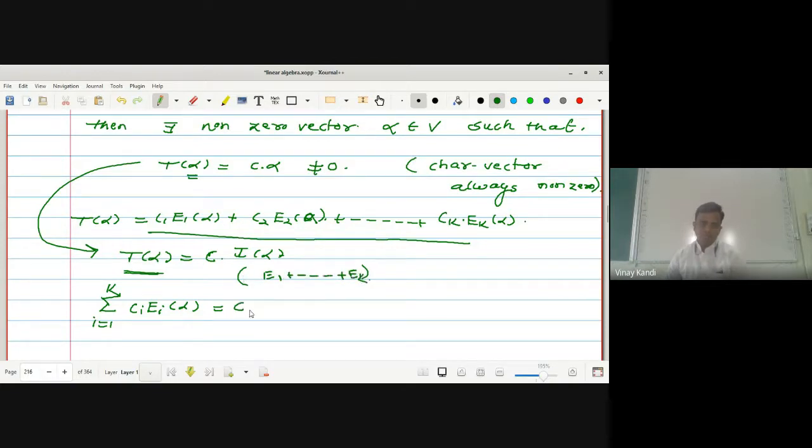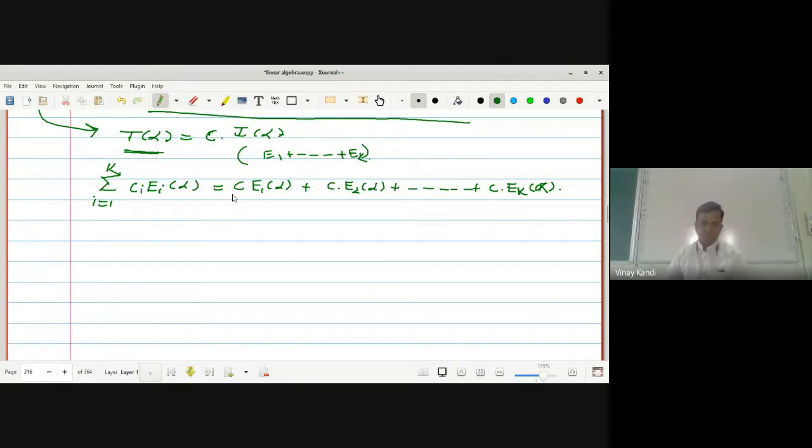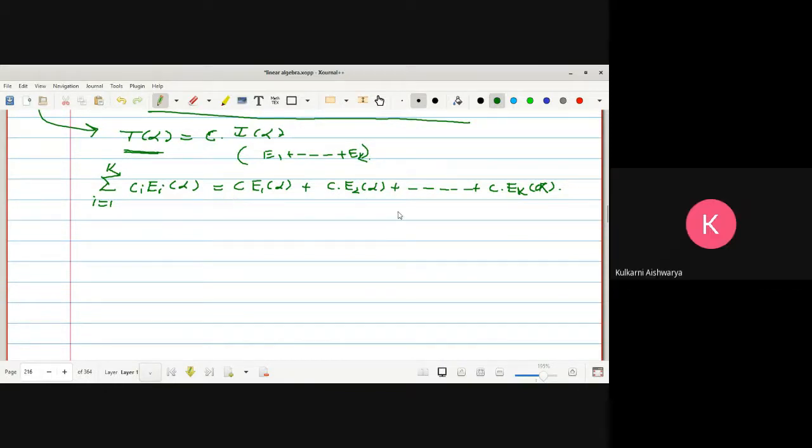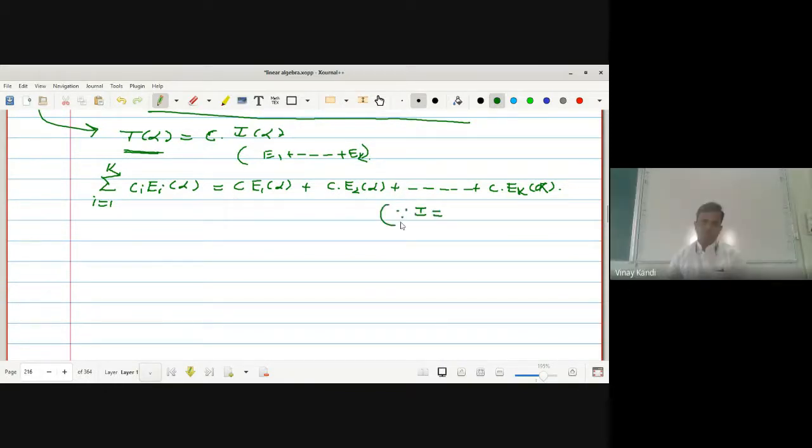So this is C into E1 of alpha plus C into E2 of alpha plus up to C into Ek of alpha. Any doubt up to here? No, sir.